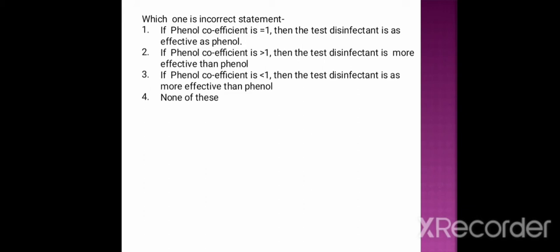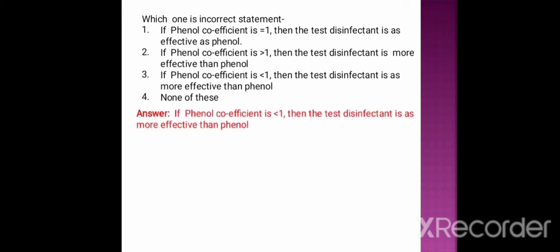Option 2: if phenol coefficient is more than 1, then the test disinfectant is more effective than phenol. Option 3: if phenol coefficient is less than 1, then the test disinfectant is more effective than phenol. And option 4 is none of these.